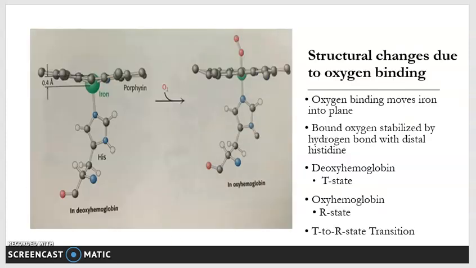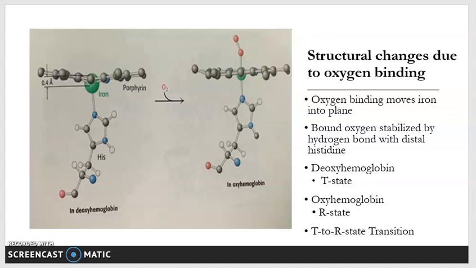So when the oxygen molecule binds at the 6th coordination site, the iron ion rearranges the electrons within the iron so that the ion becomes smaller, allowing it to move into the plane of the porphyrin, and the bound oxygen is stabilized by forming a hydrogen bond with the distal histidine.